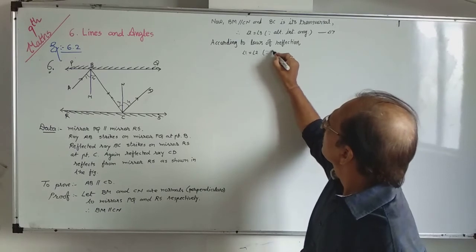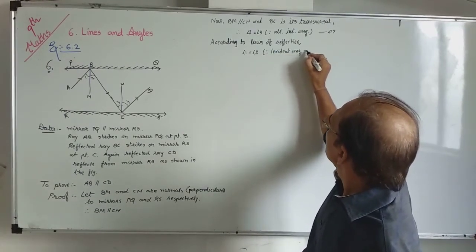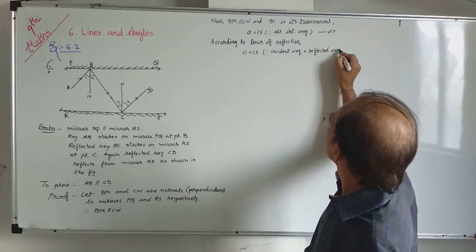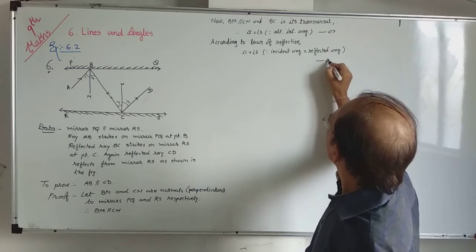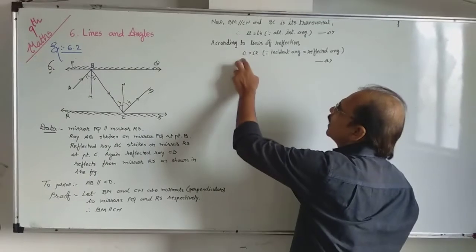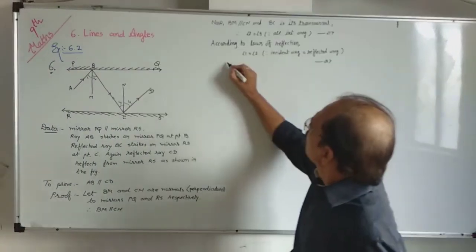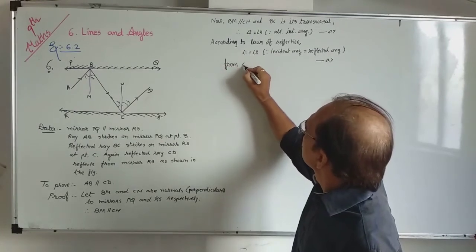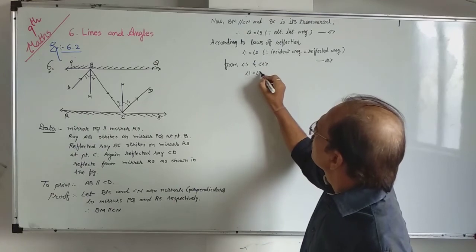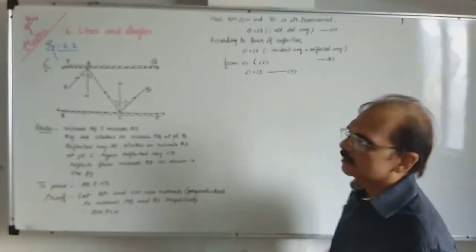It means incident angle equals reflected angle. Call it result number 2. Now see, comparing 1 and 2: 1 equals 2 but 2 equals 3. So you can derive that 1 equals 3. Call it result number 3.